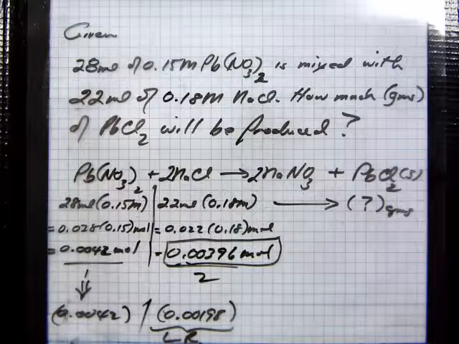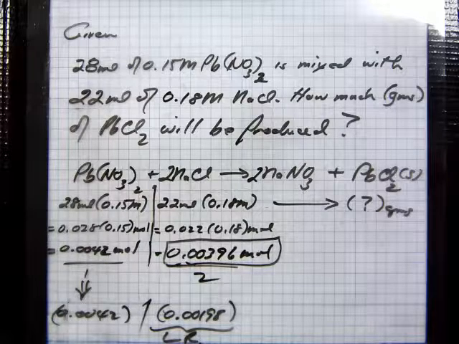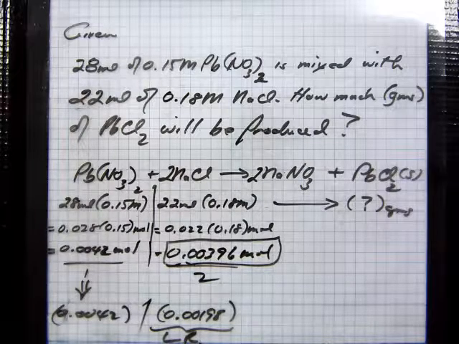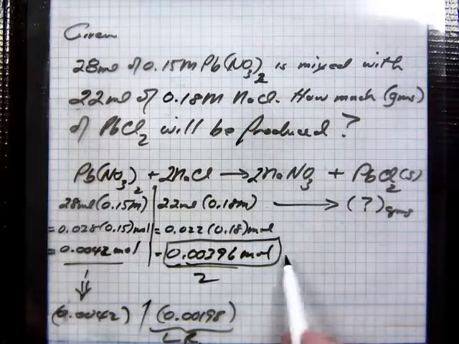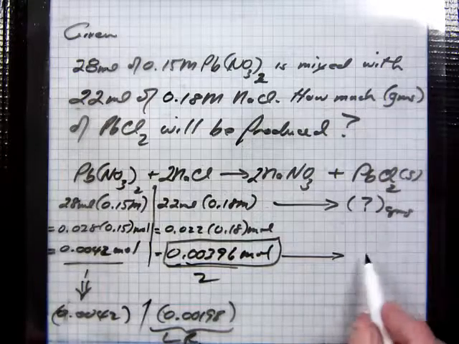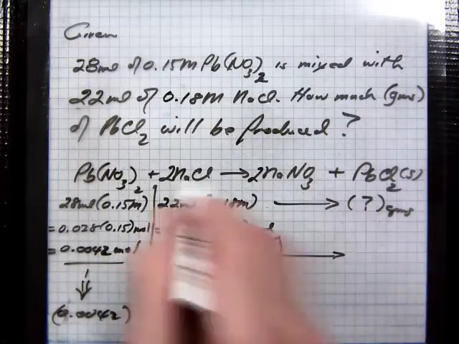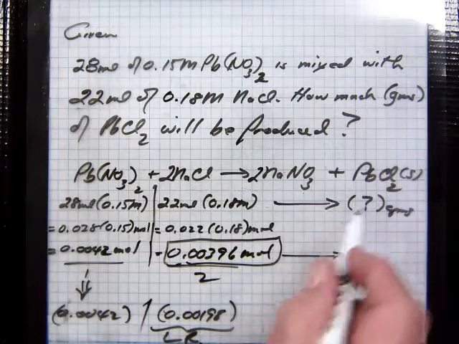The big issue is, did you understand how I got to the limiting reagent? I converted to moles, divided by the respective coefficient. The smaller of the numbers is the limiting reagent. Now all I have to do is go over here. That's a 2 to 1 ratio. So how many moles of lead chloride did I generate? That's got to be a smaller number, right?